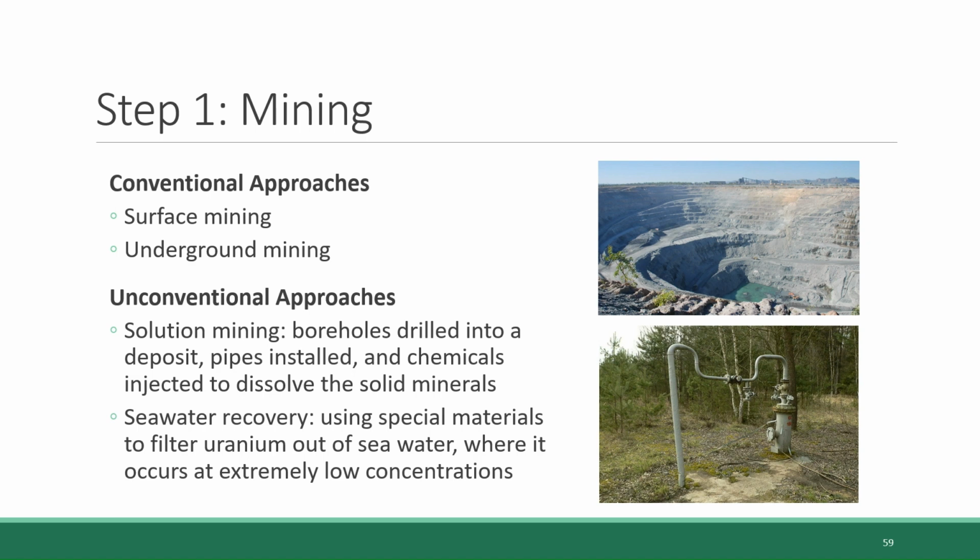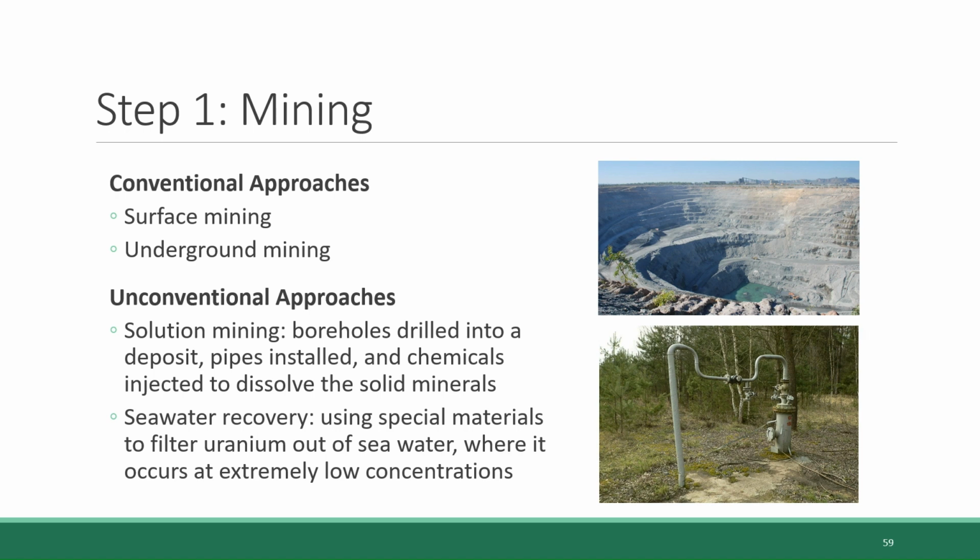And this is where special materials are used to filter uranium out of seawater because there's a very low concentration of uranium in seawater, about 3 to 4 parts per billion. Not enough to be harmful, but if you can collect and concentrate enough of it in a passive filter system, it could serve as a fuel source. However, as I said, that's not really viable yet. It's still being developed.